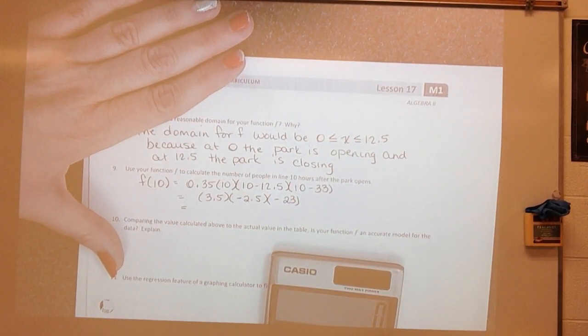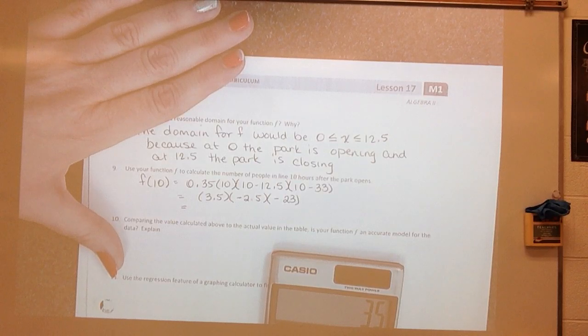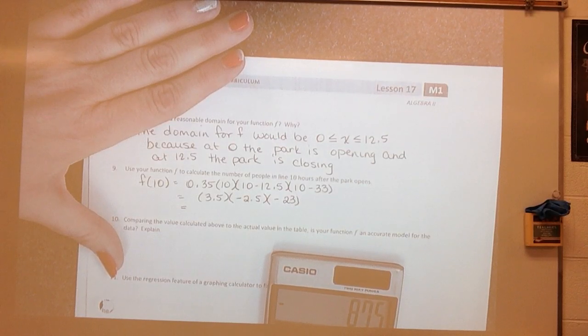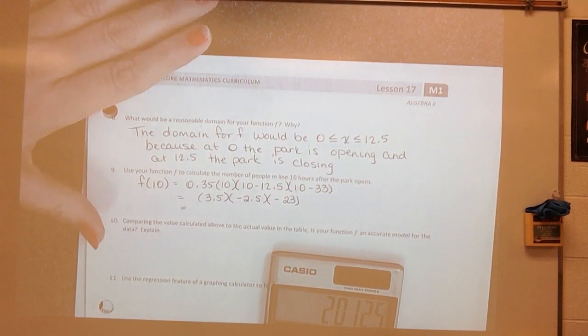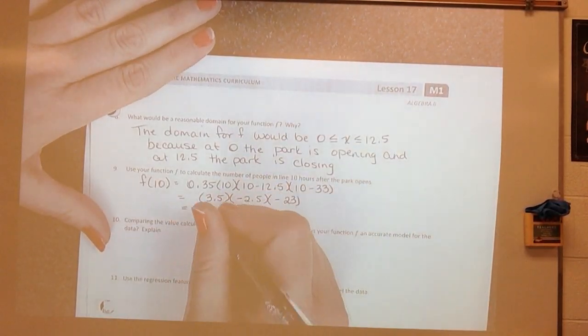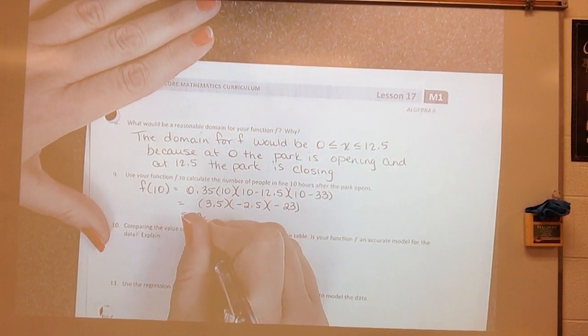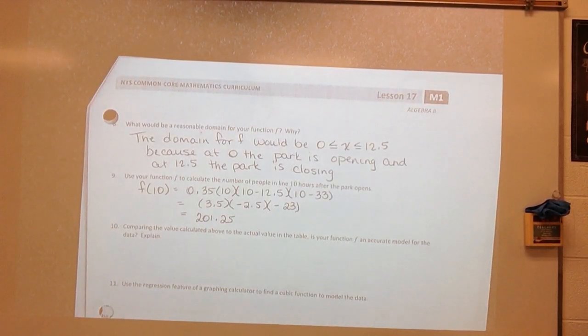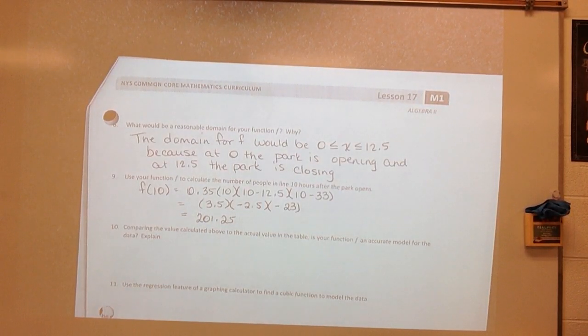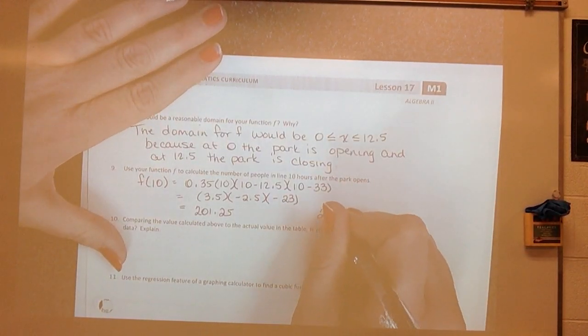So let's look. 3 and a half times negative 2 and a half times negative 23 gives us 201 people. So we're going to say the formula gives us 201 people at 10 hours.